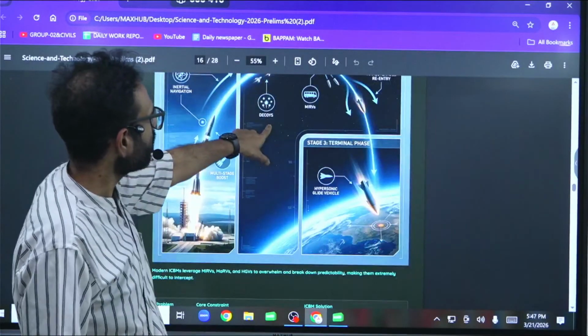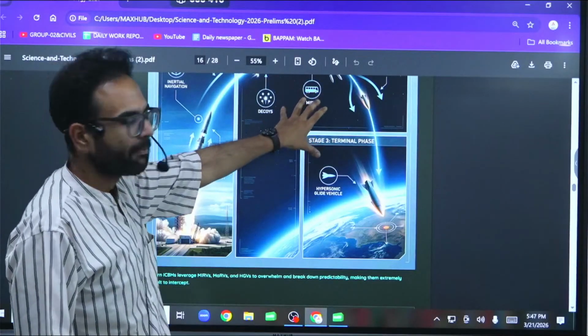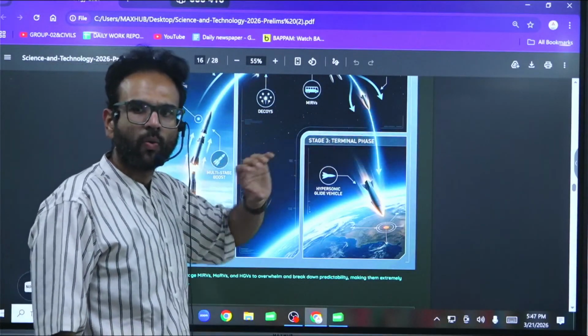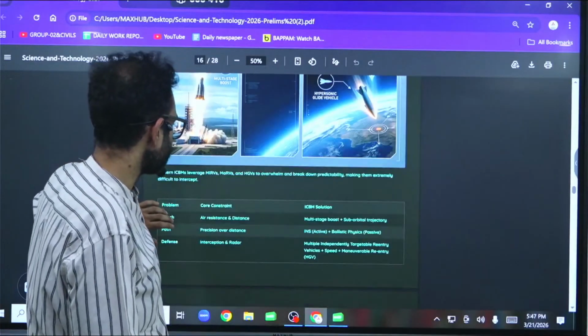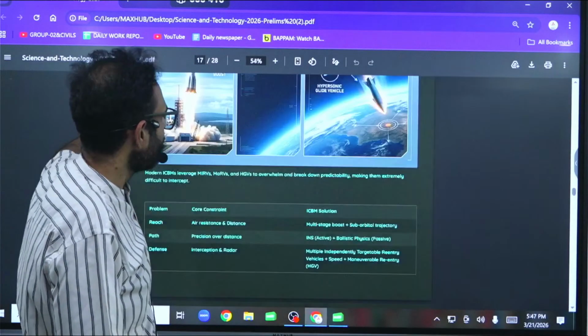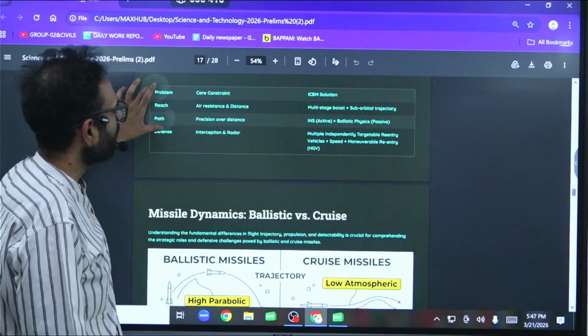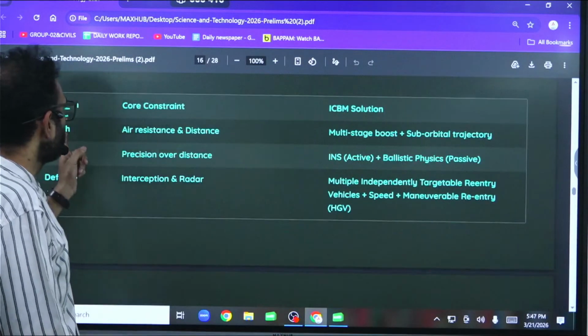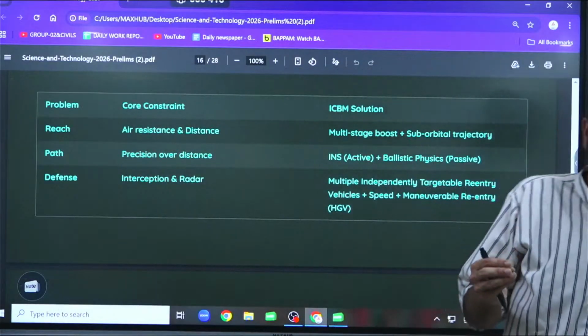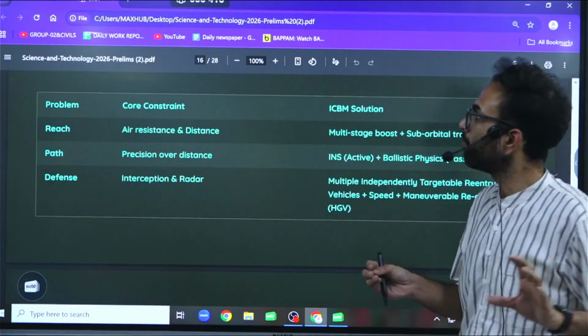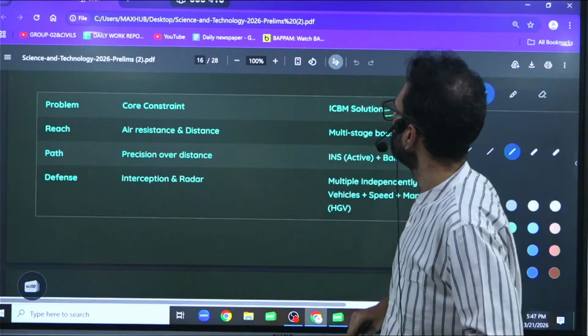Now there are some more points like decoys, MIRV, MARV. What are they? We will have a look. But before that, let's see some basics. Like I told you, if a missile system is supposed to be lethal, it has to solve some problem statements in science.